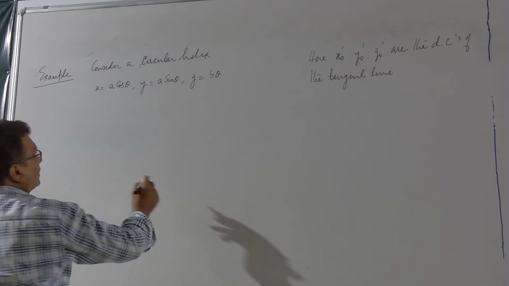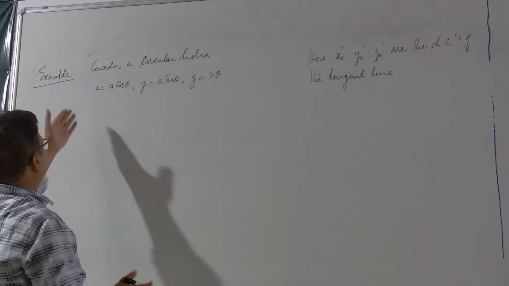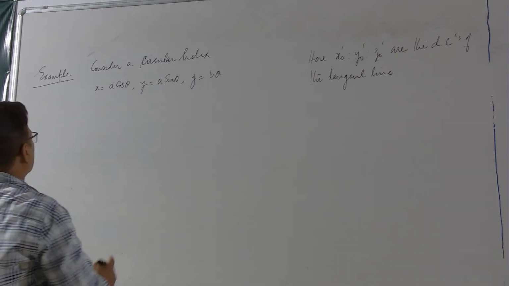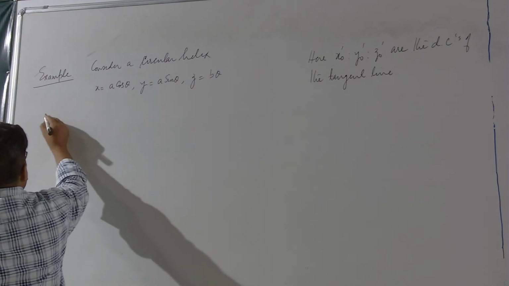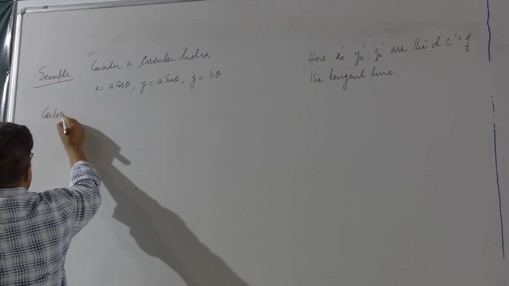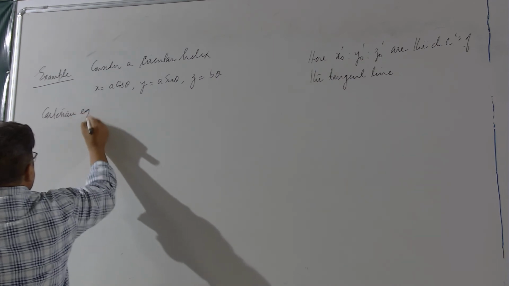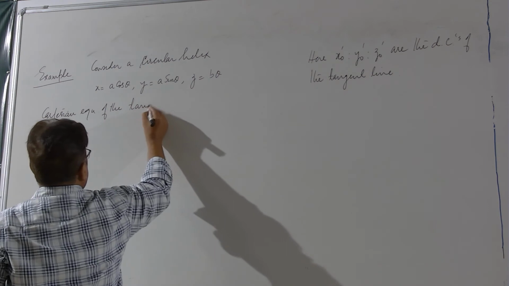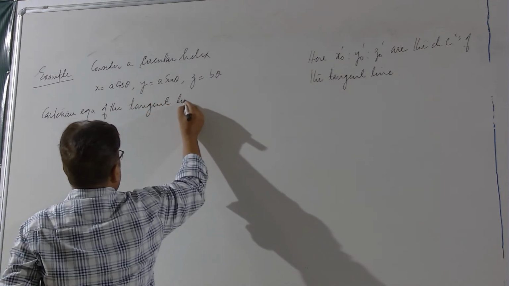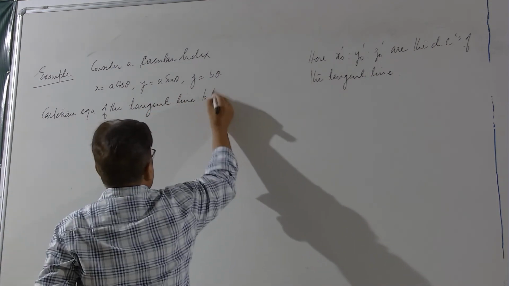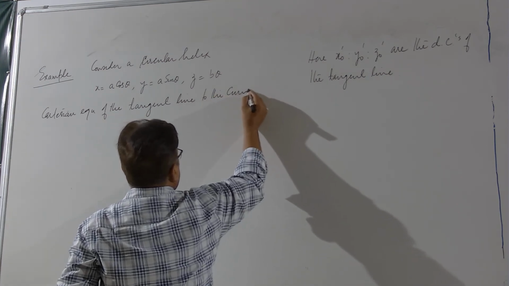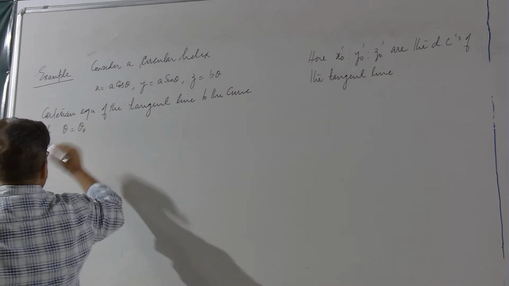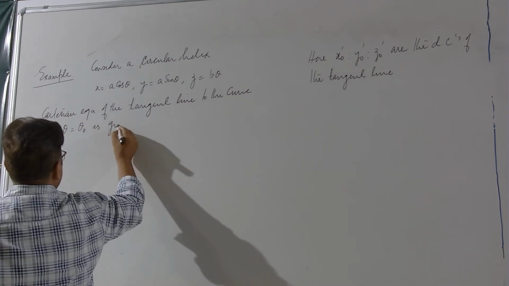Since the coordinates x, y, z are given to me, I will write down the Cartesian equation of the tangent line to the curve at theta equal to theta naught.